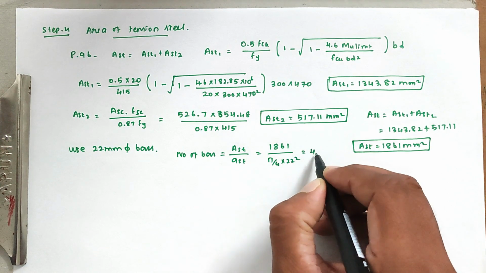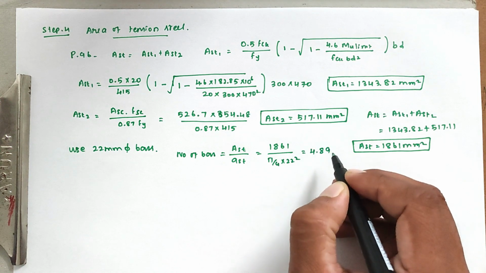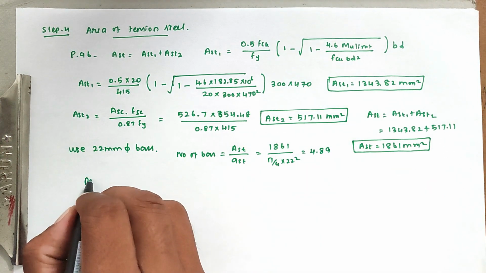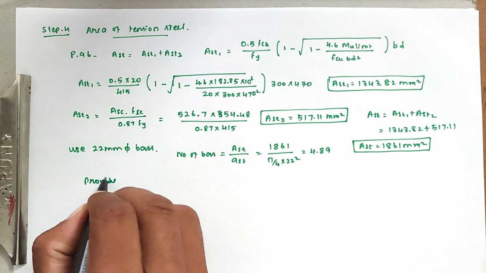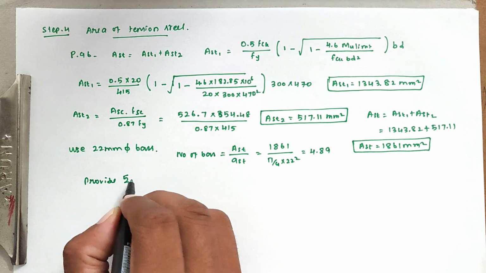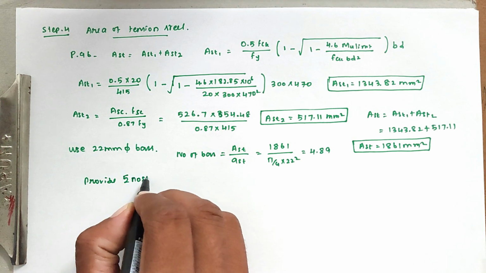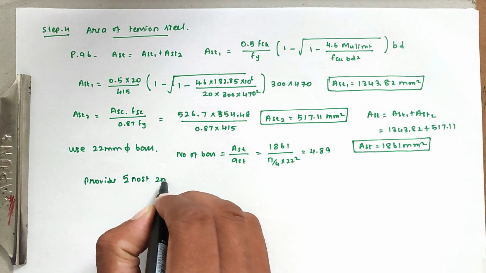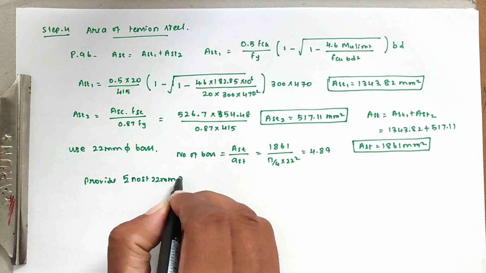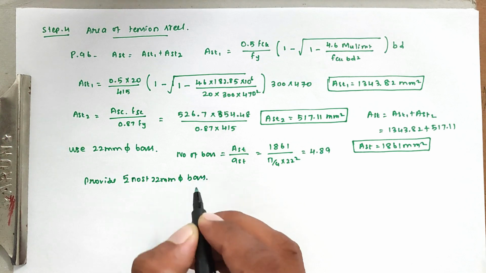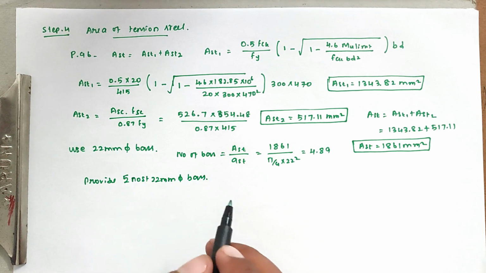So now we got the value of 4.89 bars. So now we can provide 5 numbers of 22 mm dia bars. Okay, so this is the tension reinforcement.